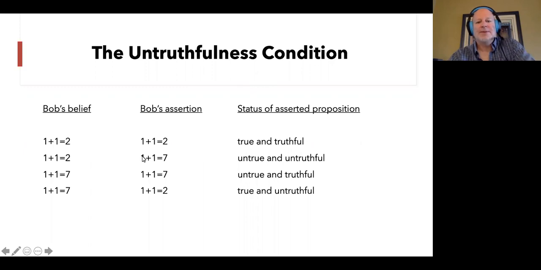The proposition that 1 and 1 is 7 doesn't match reality, so it's untrue. It's untruthful because it doesn't match his belief. When Bob asserts that 1 and 1 is 7, he believes that's false because he believes that 1 and 1 equals 2. So in this case, the proposition that he asserts would be both untruthful and untrue.